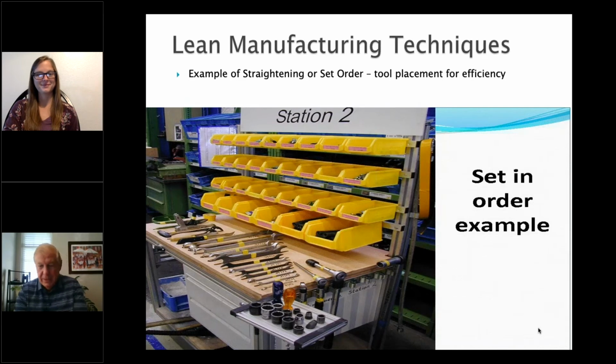Straightening. This is a station where their tool placement is very, very organized. Now you wonder how they keep everything in the same place all the time. Well, you can't see it, but there's a shadow board underneath each one of those tools, and at the end of the shift, they put the tools right back where they started from.